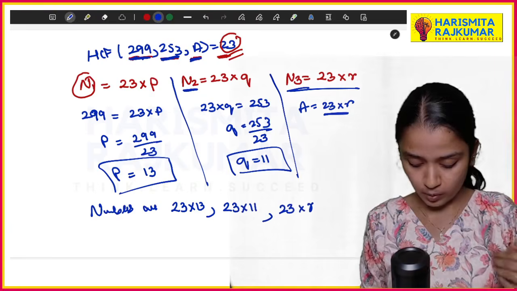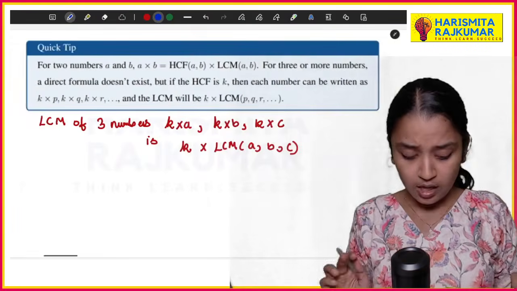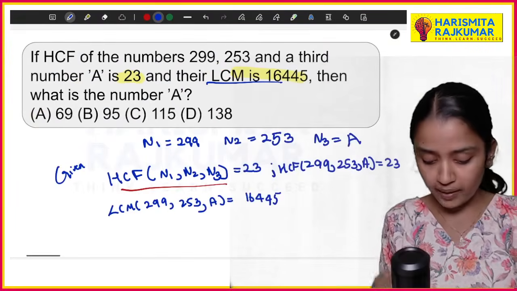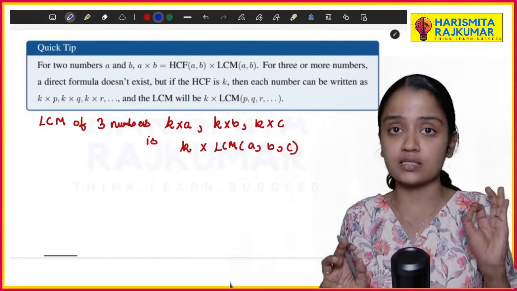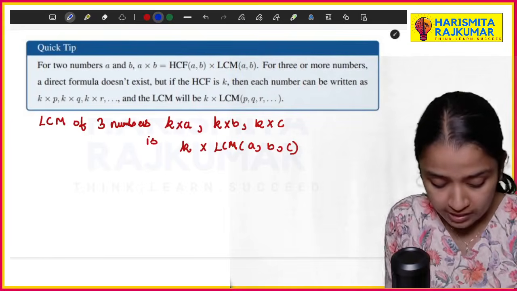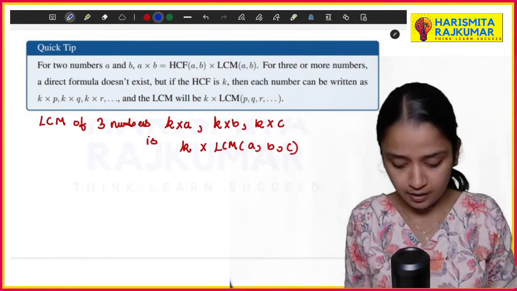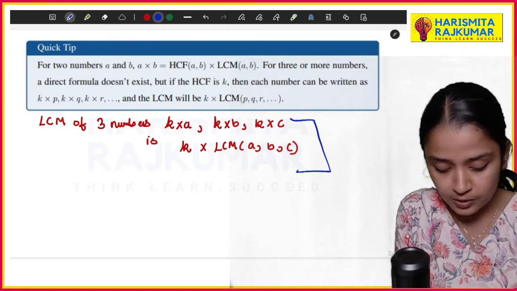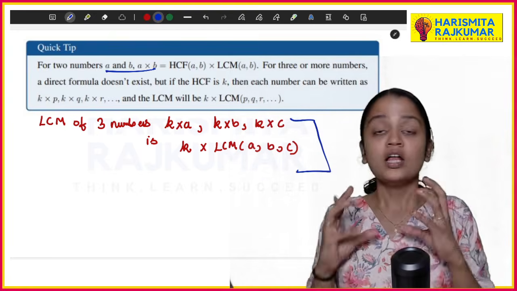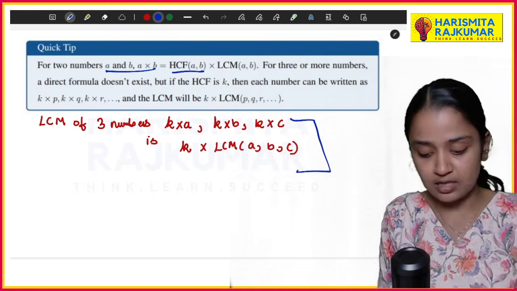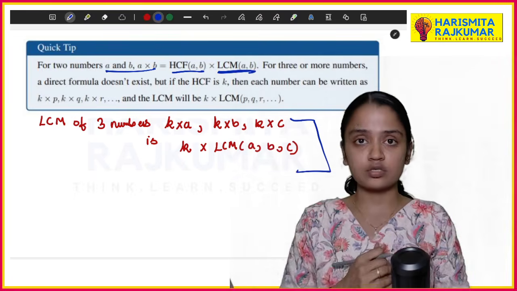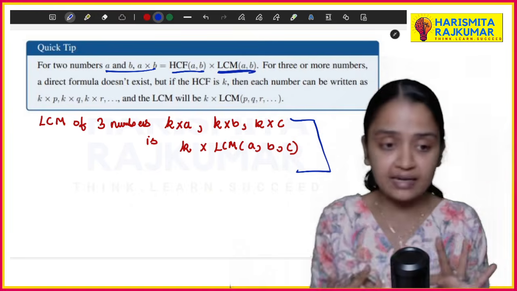Now what is next? I know my LCM. LCM is nothing but the lowest common multiple. If you have two numbers, their product is equal to the HCF of those numbers into the LCM of those numbers. But here we are having three numbers, right?